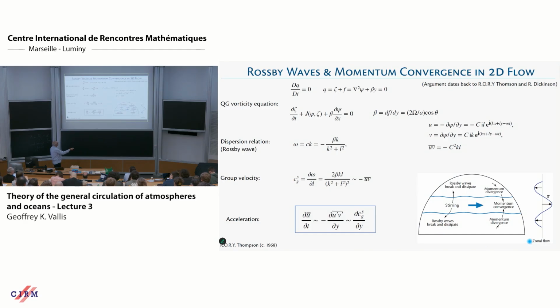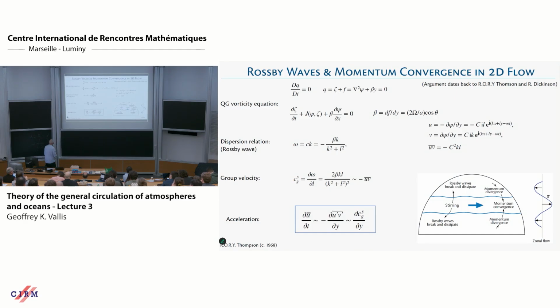And that tells you how the momentum flux is. The momentum flux is in the opposite direction to the group velocity. So the momentum flux is towards the region of the stirring. And so if the momentum flux on both sides is towards the region of stirring, it means that the Rossby waves will be converging momentum in the region of the stirring.